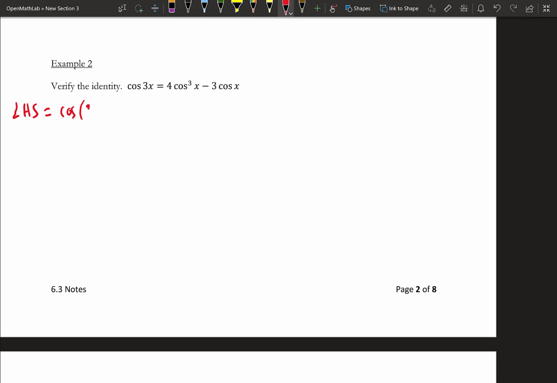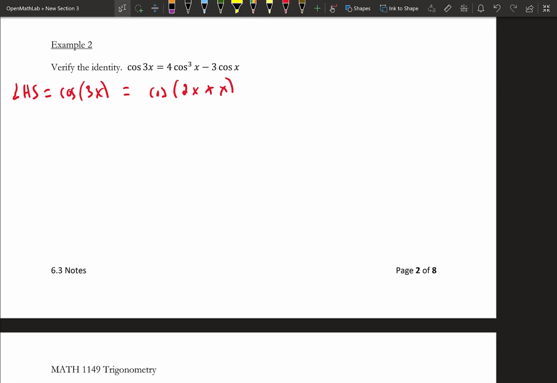Because cosine of 3x, we can think of this as cosine of 2x plus x and use the sum formula, right? So this would be equal to cosine of 2x times cosine of x minus sine of 2x times sine of x, right?